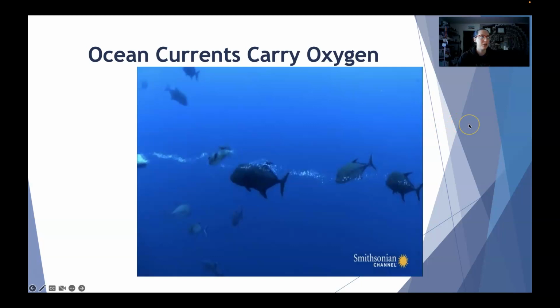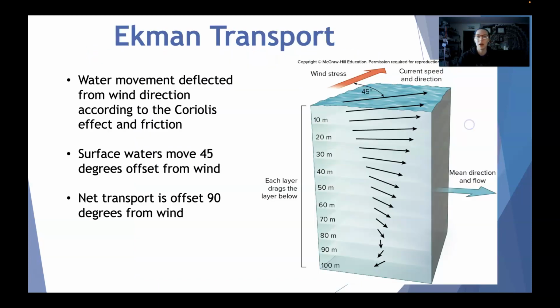So the last thing that I want to cover in this particular video, and probably actually just kind of slowing down a little bit as well, is Ekman transport. So there's this guy who was out on an exhibition, and they were in sailboats at this time, so they're using their sails. And he noticed that the icebergs were not moving in the same direction that the wind was moving.